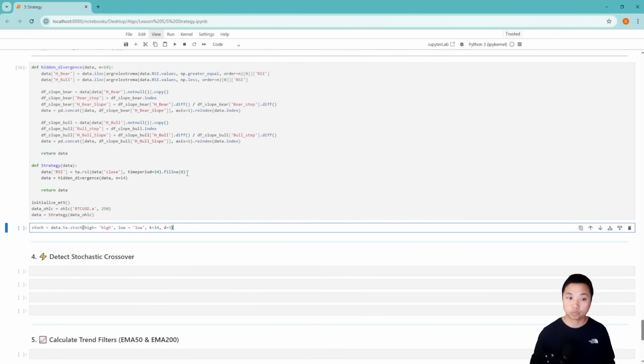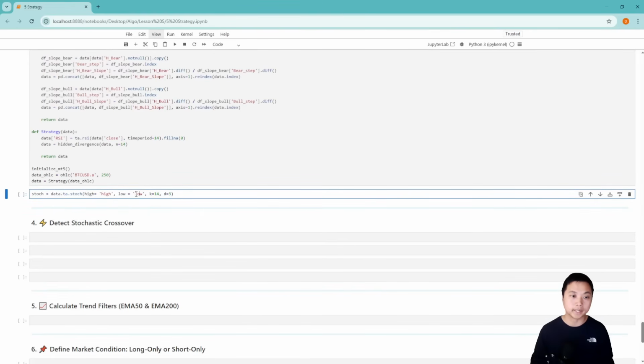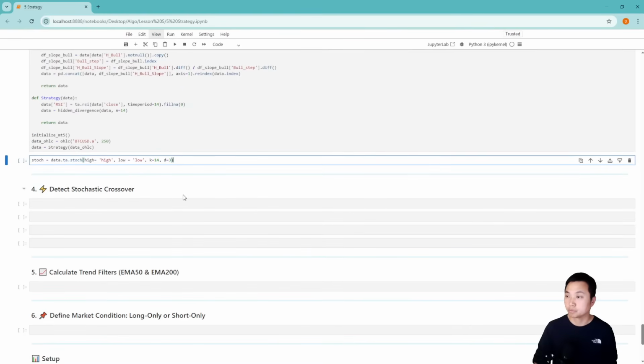So for high equals high, we tell it which column in our data frame holds the high price, and for low equals low, similarly, we specify the column that holds the low price. For K equals 14, we set the %K lookback period to 14 bars. And for D equals 3, it means the %D line is a 3-period moving average of the %K.